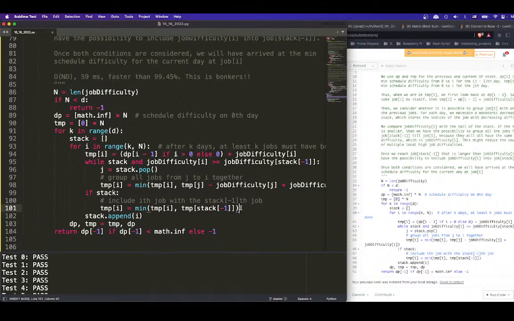So we don't have to keep going, because if we keep going, I cannot do it, as I have other difficulties higher than me, so we'd have to add those as well. It's the same as just the minimum of this plus me, which basically just includes me. So for every big one, we always have a choice to include everything.